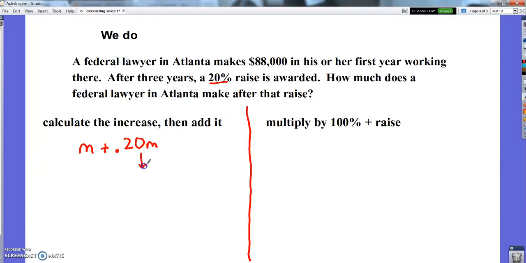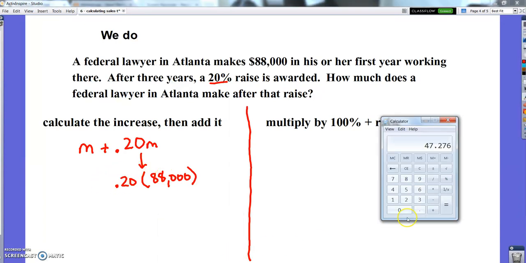So let's calculate that. 20% of the salary, that's 20% of $88,000. 20% of 88,000 is $17,600.